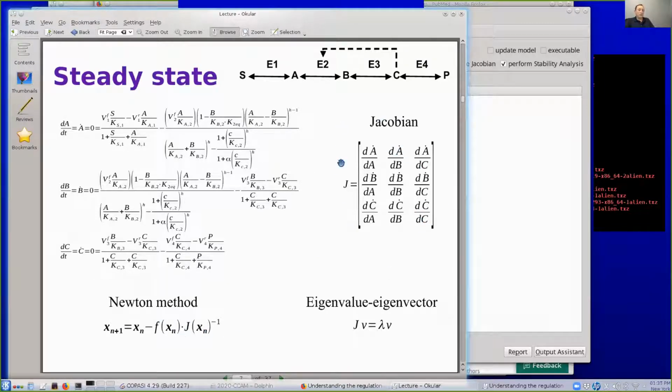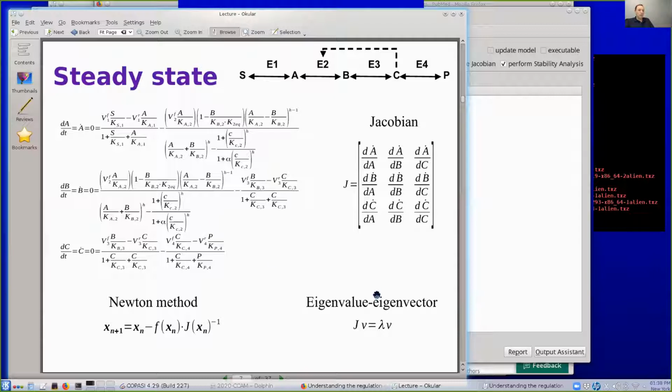The Jacobian is also important, as we will see later, to look at the stability of the steady states, because the steady states may be stable and they may also be unstable. We do an eigenvalue, eigenvector decomposition of this, and the real part of the eigenvalues needs to be negative for the system to be stable.